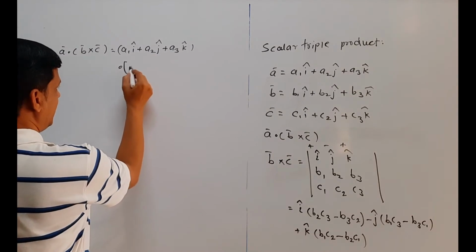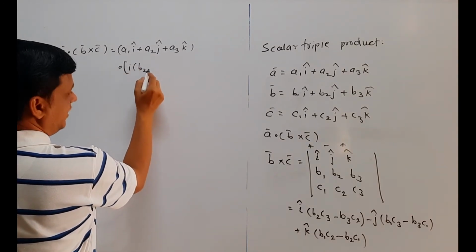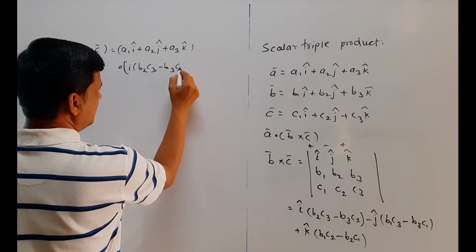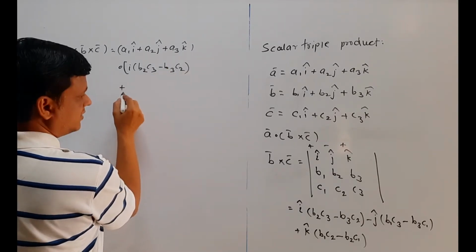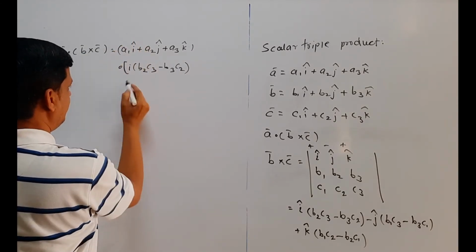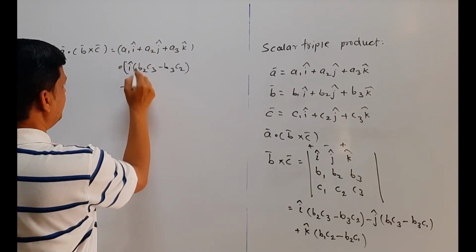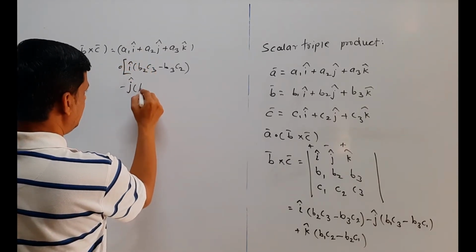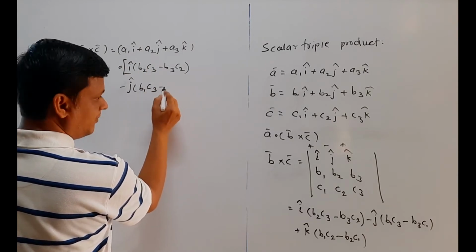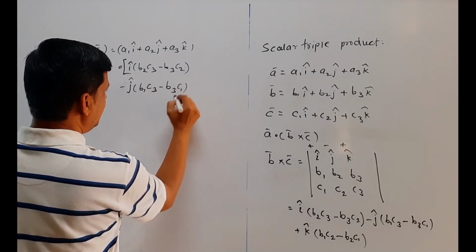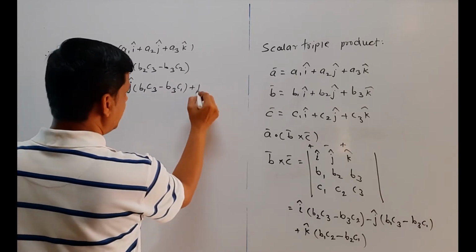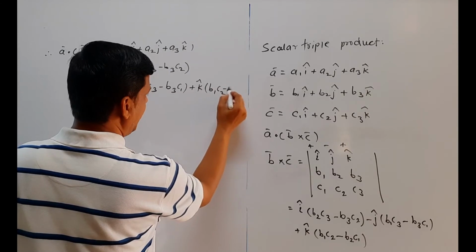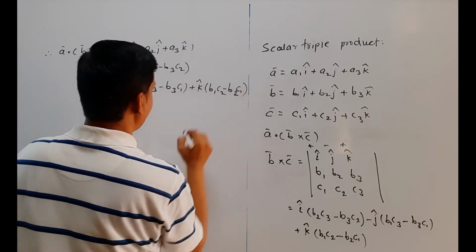So I write here i cap into b2 c3 minus b3 c2, minus j cap into b1 c3 minus b3 c1, plus k cap into b1 c2 minus b2 c1.